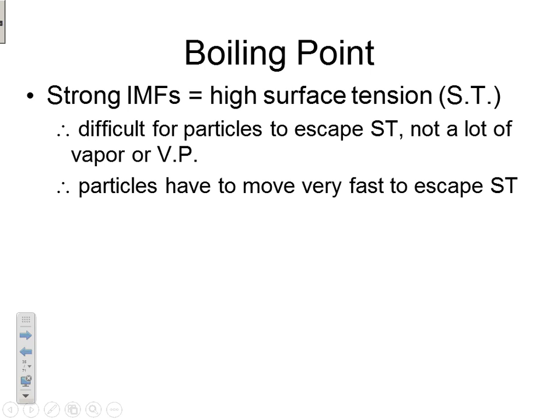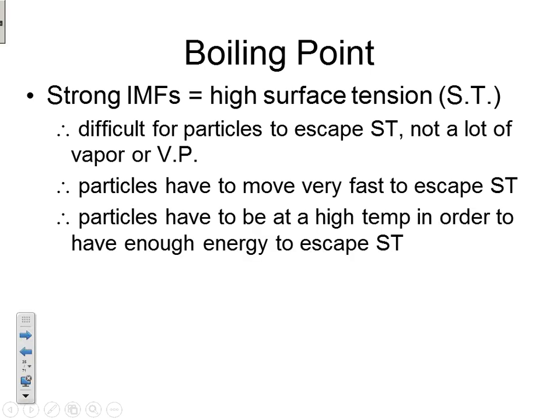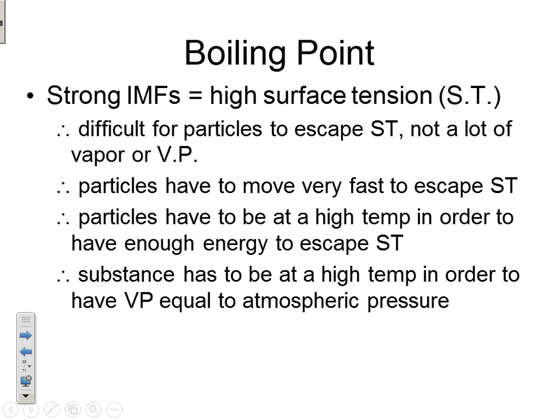It's going to also mean that your particles have to be moving very, very fast, and they have to have a tremendous amount of energy in order to escape the surface tension of the liquid. So your particles have to be at an extraordinarily high temperature to escape. Your molecules have to be at a very high energy in order to have enough particles with sufficient energy to escape the liquid, become a vapor, and generate enough vapor pressure that it's equal to the atmospheric pressure, which means that this compound is going to have a very high boiling point.